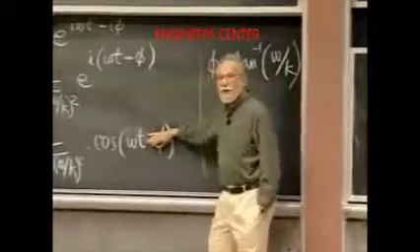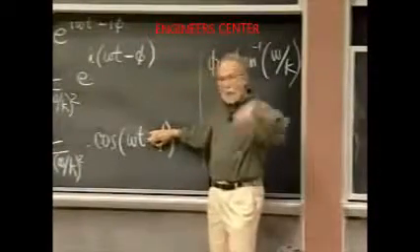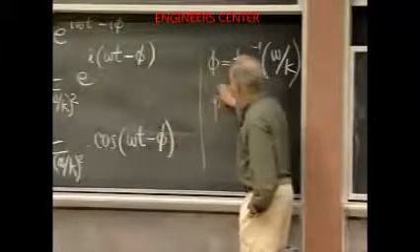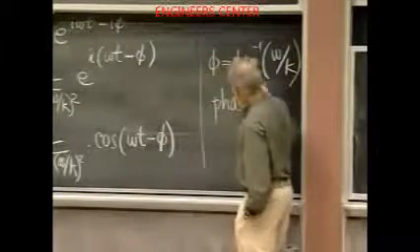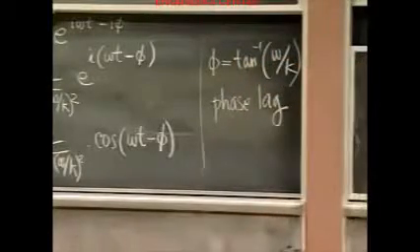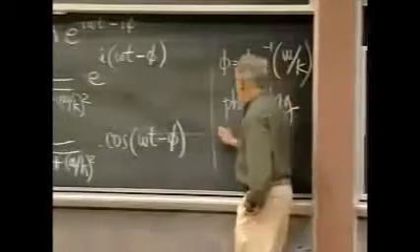See, if the phi weren't there, this would be cosine omega t, and we all know what that looks like. The phi is called the phase lag, or phase delay, the phase lag of the function.